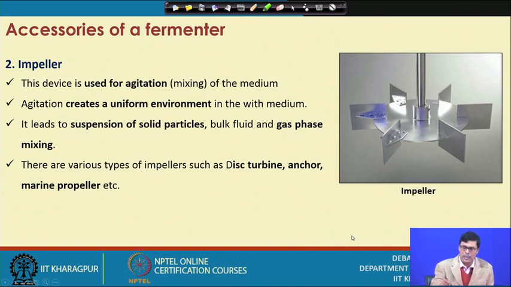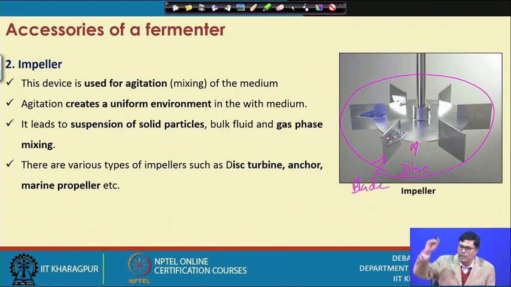Now, next, very important, that I already discussed, the impellers. The impeller looks like this, and you see this is called the disc. This is the disc, and this is the blade. Am I right? You can remember I told you we have this kind of disc at different heights, and the number of blades plays a very important role in the vibration of the fermenter.